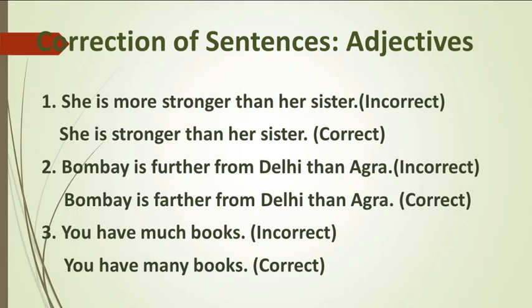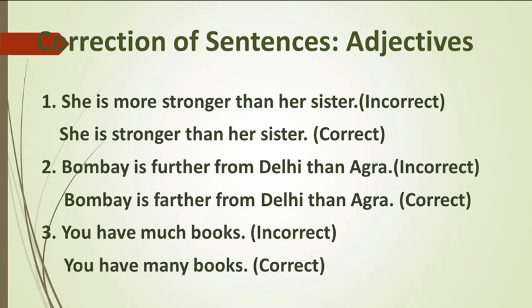When a comparative is formed by adding er to the positive, like stronger, we do not use any comparatives like more along with it. So the second one is the right one.